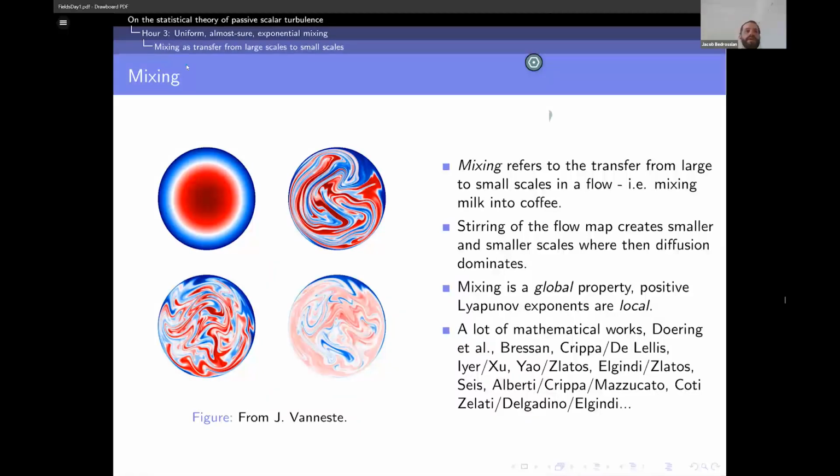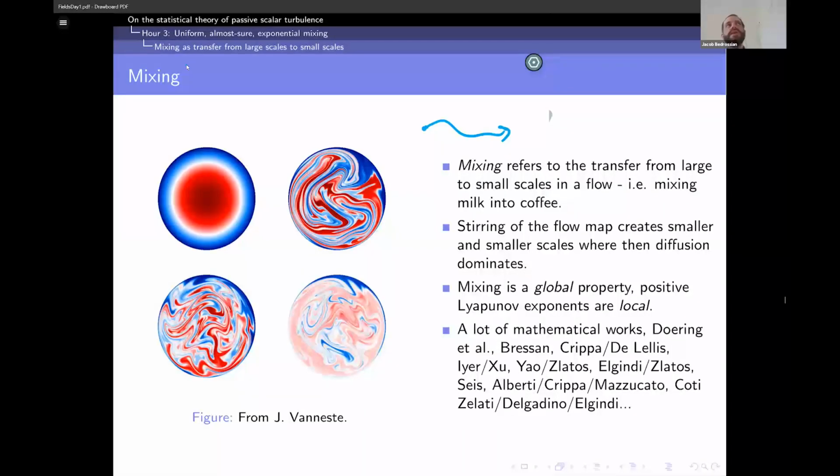Last time I proved that the Lagrangian flow map, so where particles go on the torus as driven by the velocity field coming from stochastic Navier-Stokes, is chaotic in the sense of having a positive Lyapunov exponent. And this is similar to the cat map, which is very chaotic, but not nearly enough to prove what we want to prove.